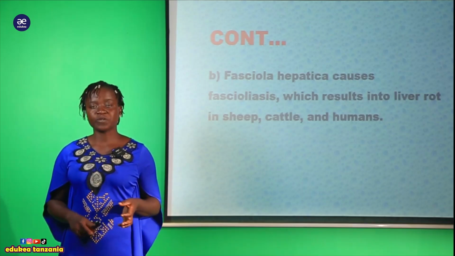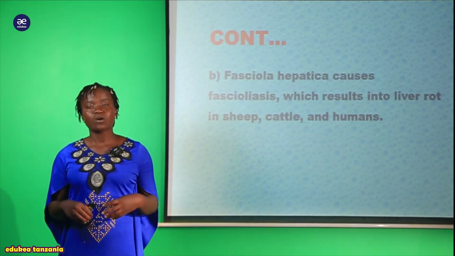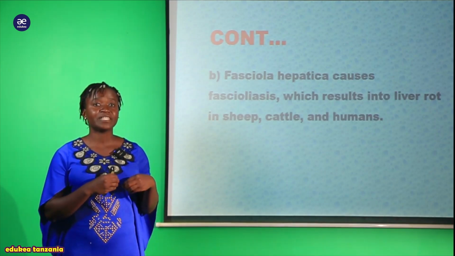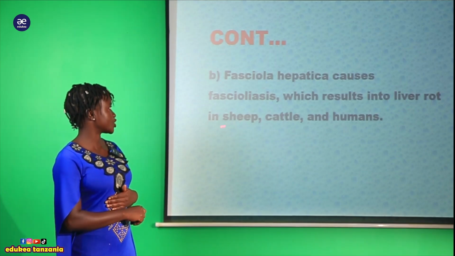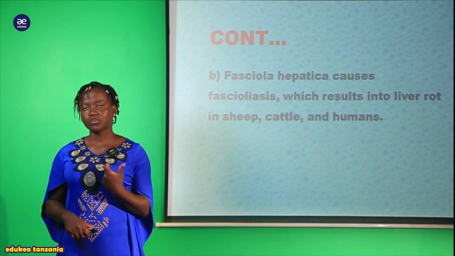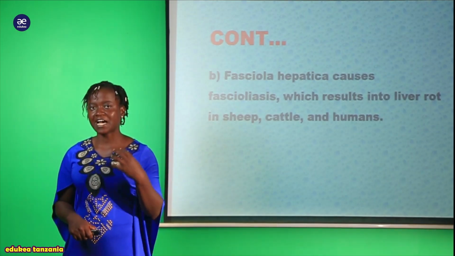And the liver fluke, tumeona zile adaptive features zake, anaaffect sana kwenye liver. Kwa sasa analeta madhara kwenye the liver. Ndio bado tunasema hapa result in liver rot in the sheep, cattle and the human. So that is the effect that is brought by those liver fluke.